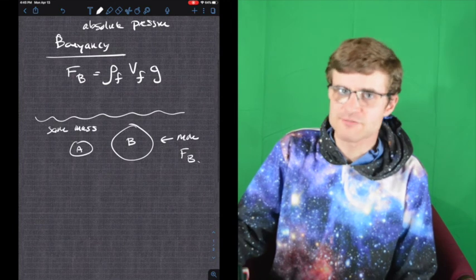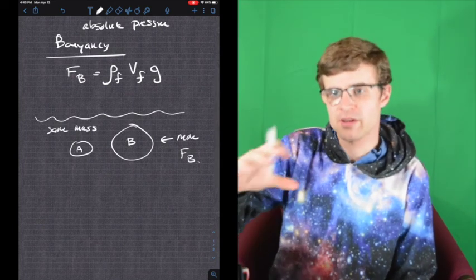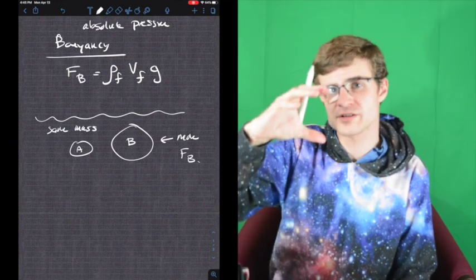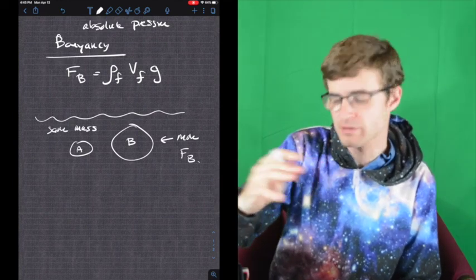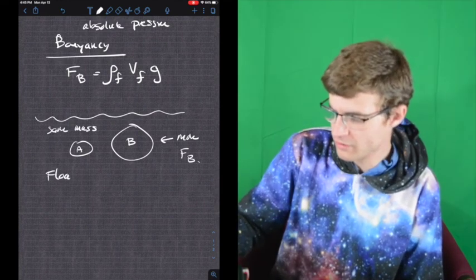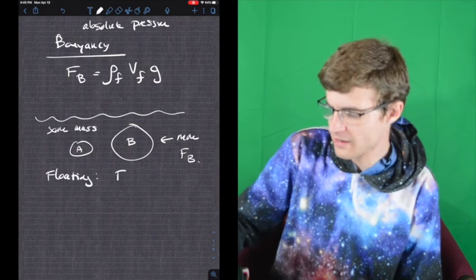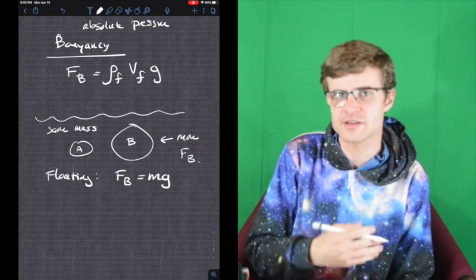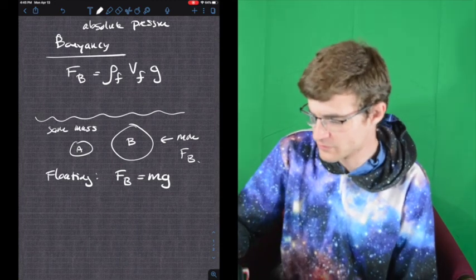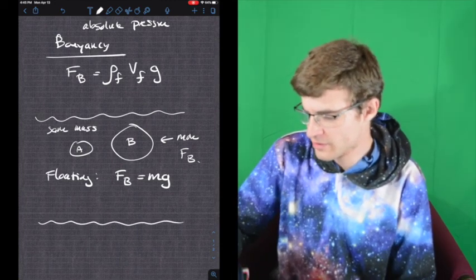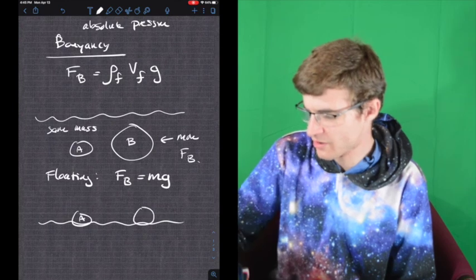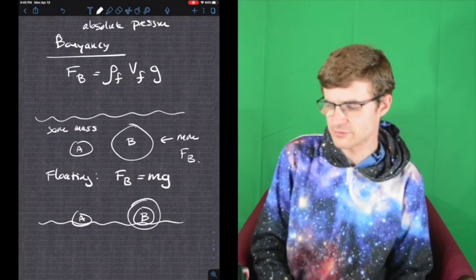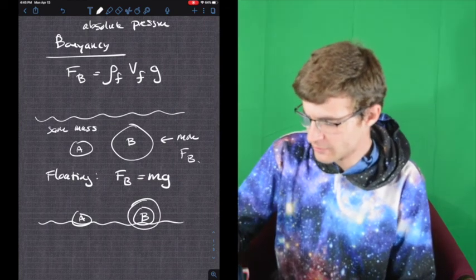Now, if an object is floating, then it's neither sinking in the water nor rising above the water, so the forces of weight and buoyancy are balanced. If you're floating, we say that F_B is equal to mg. Sometimes this lets us take shortcuts when solving problems. For example, with the same scenario, ball A and ball B, let's make ball B a lot bigger, but again the same mass.